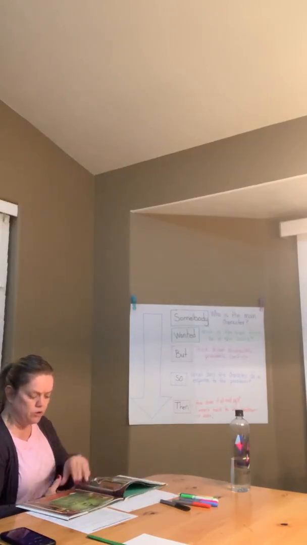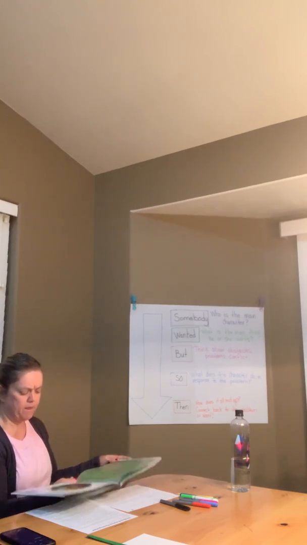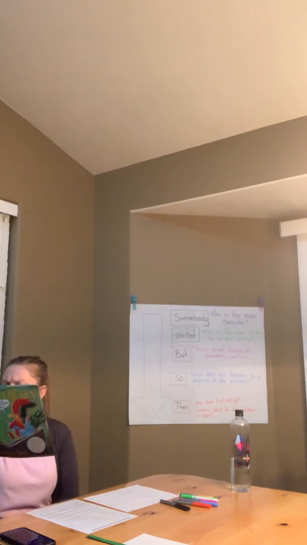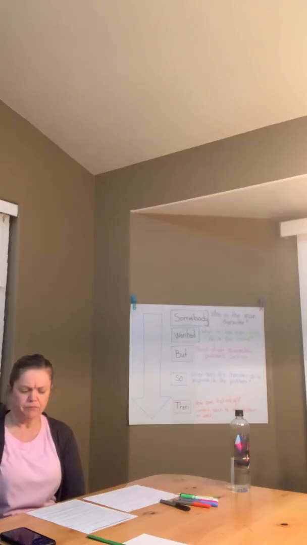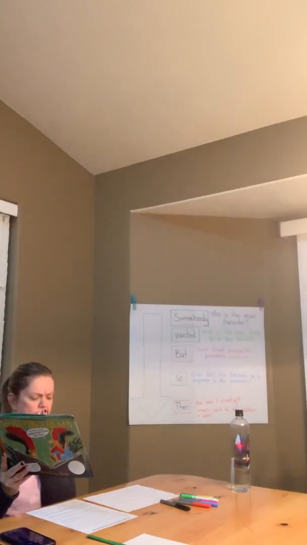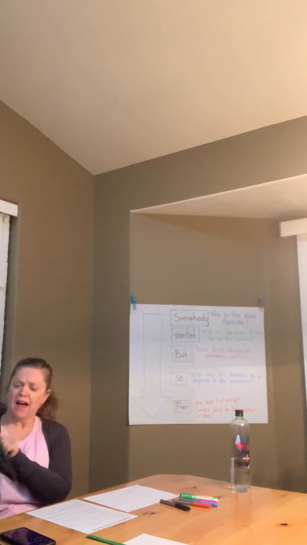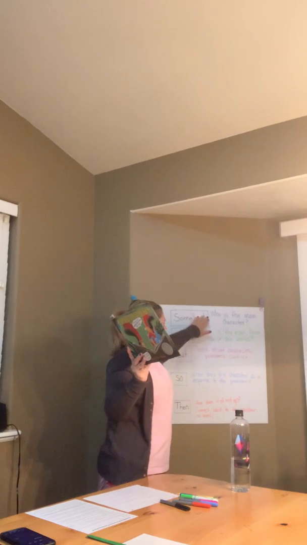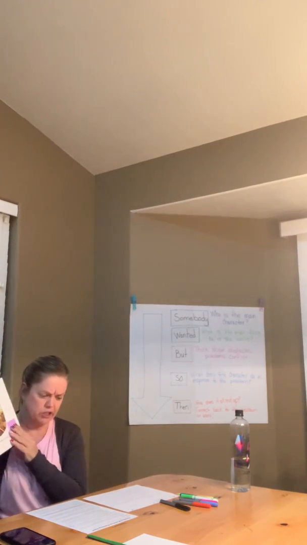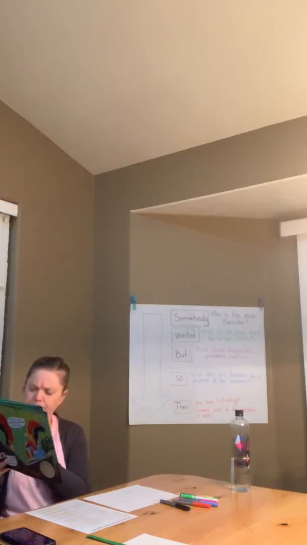Okay. So, Interrupting Chicken. It was bedtime for the little red chicken. So, somebody. So I'm thinking that the main character of the story is Little Red Chicken. Okay.